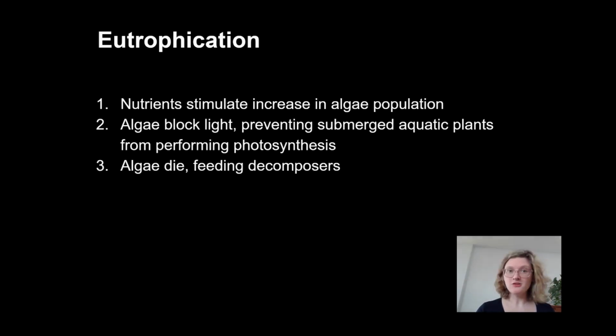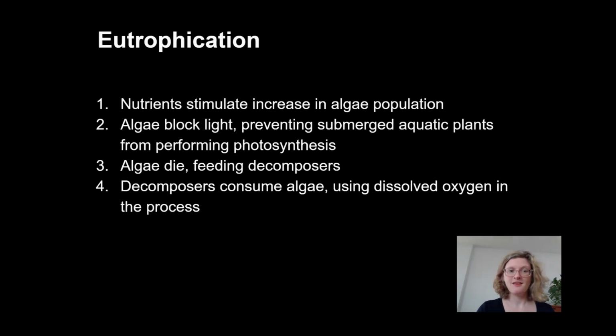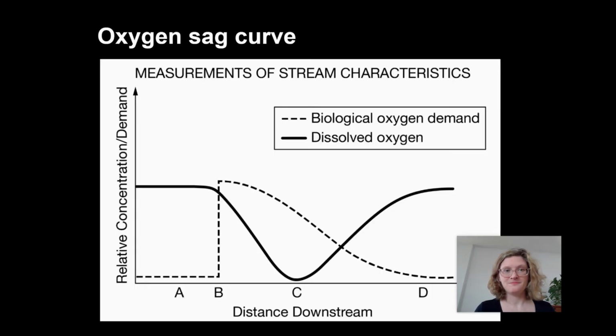Step 3, the algae die, and that's going to start feeding the decomposers. And the decomposers will consume the algae using dissolved oxygen in the process. So they're performing cellular respiration to break down the algae. That's going to use up the dissolved oxygen in the water. And that means the oxygen levels drop and fish die.